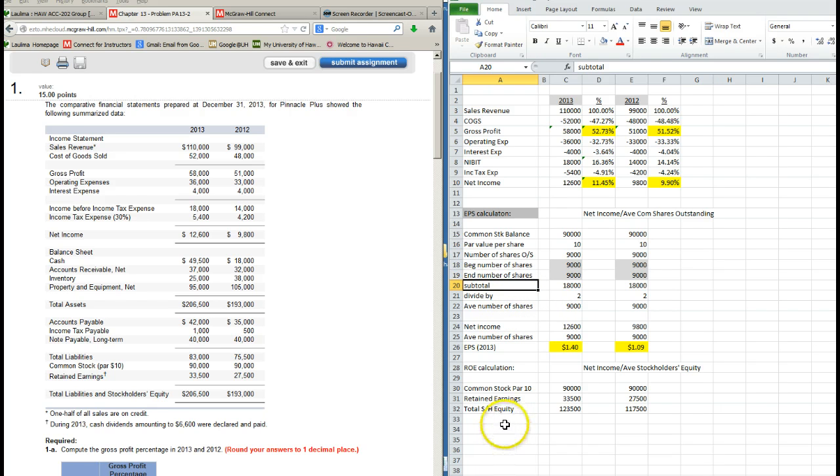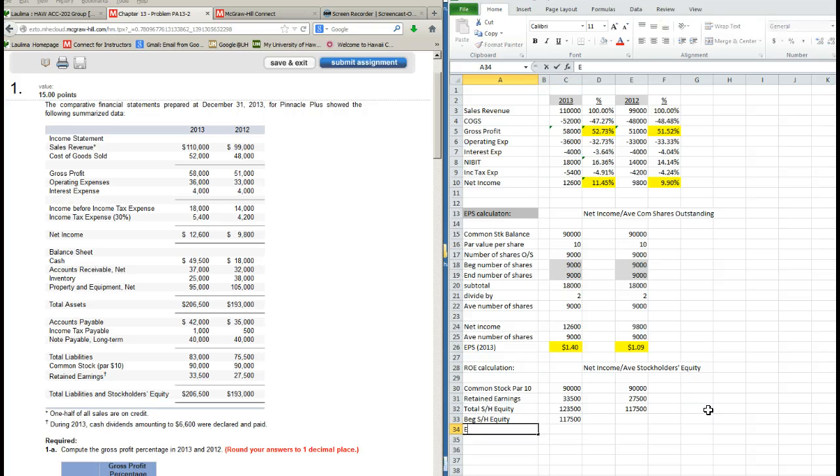We need a similar calculation. We need beginning stockholders equity, and the beginning stockholders equity for 2013 is again the ending stockholders equity for 2012. So that's going to be 117.5.